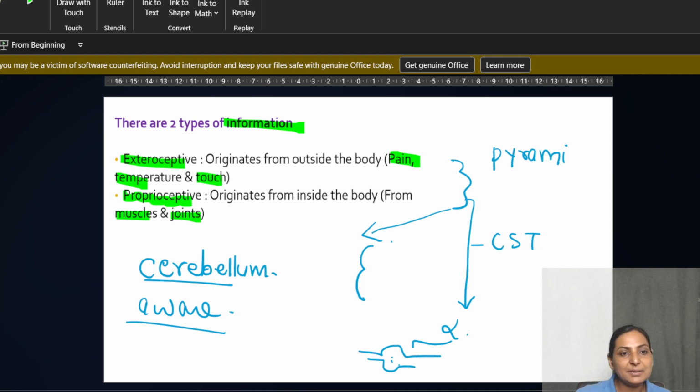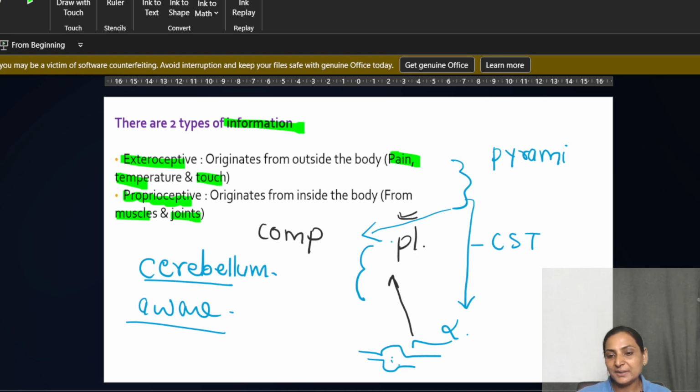At the same time, these tracts, the various spinocerebellar tracts, will give information about the periphery to the cerebellum. So the cerebellum is going to compare this plan with this outgoing activity.